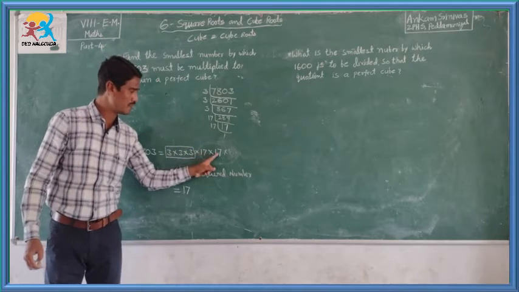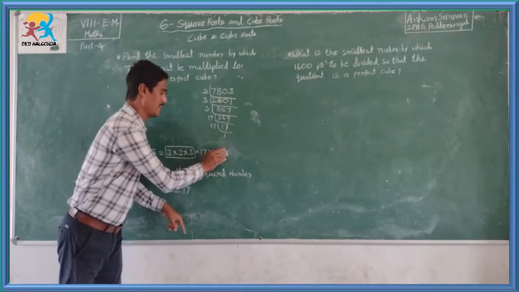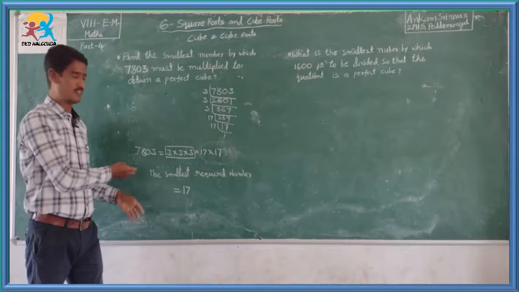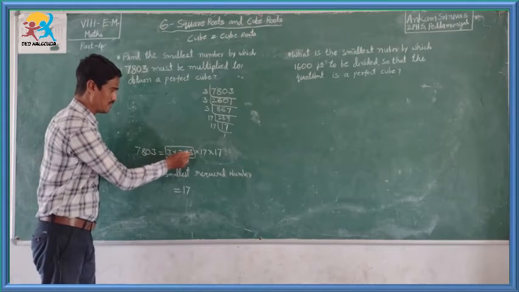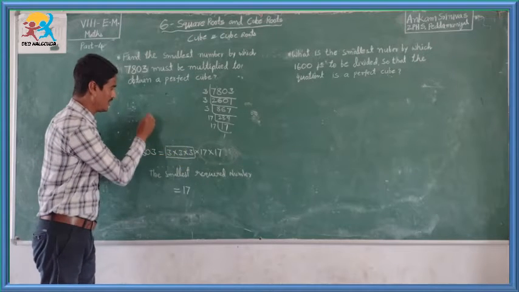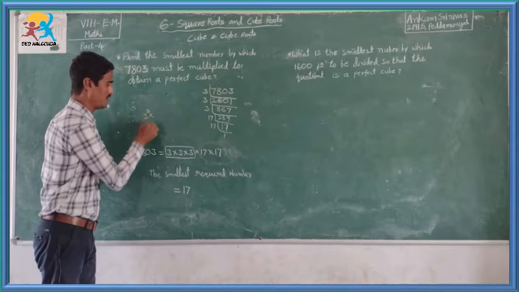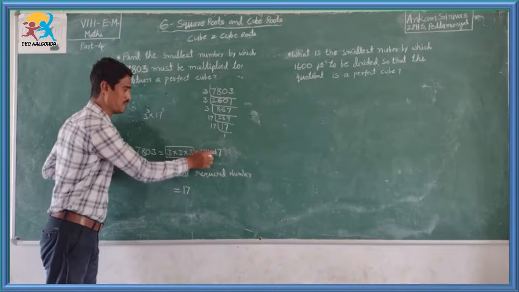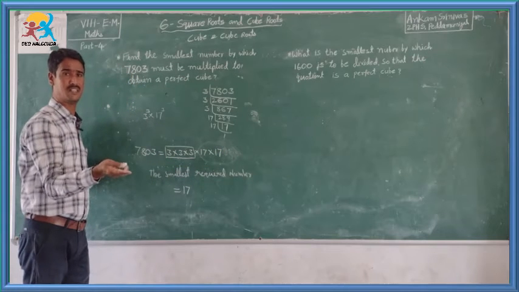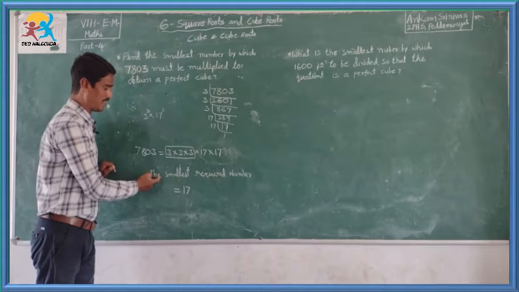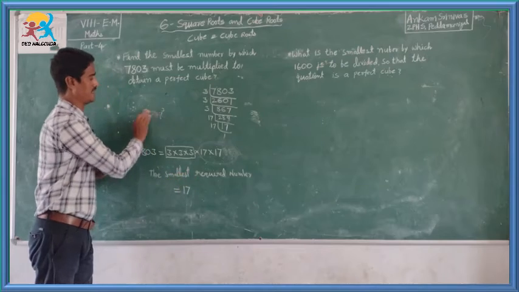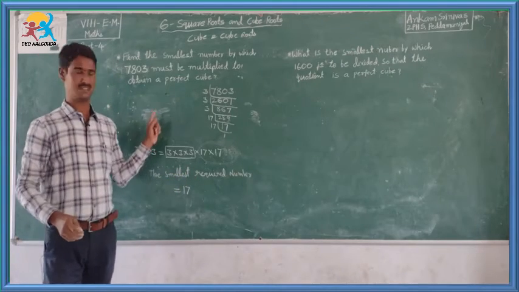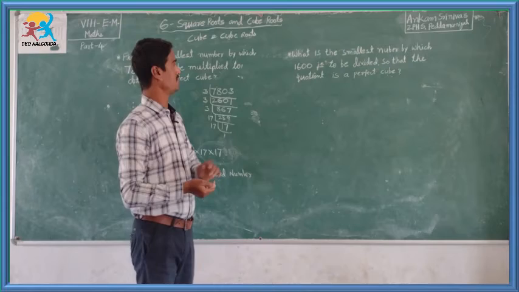So if you take one more 17 here, it becomes a perfect cube. Here 3 cube, and to get 17 cube we require one more 17. So the required smallest number is 17. You got it? Next one more problem.